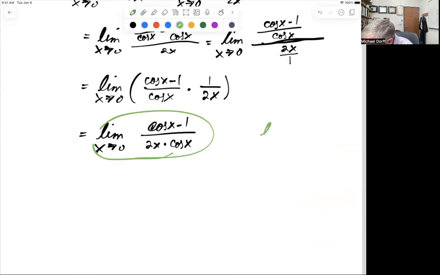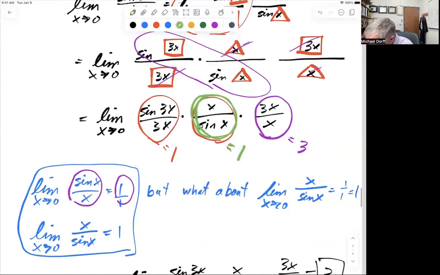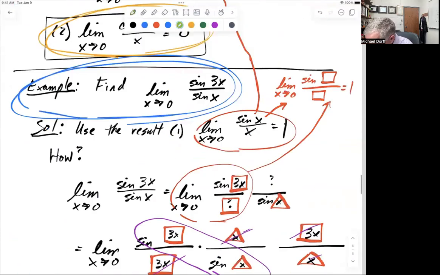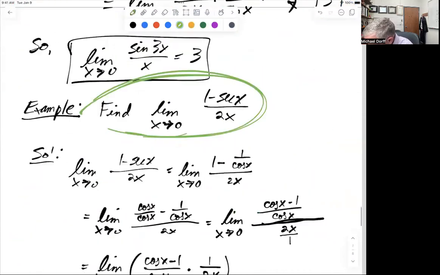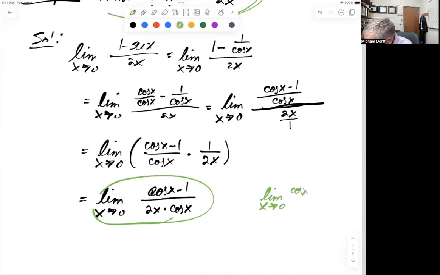Remember, the cosine one was the limit as x goes to 0 of cosine x minus 1 over x equals 0. So there are some similarities. We've got a cosine x minus 1. I need an x there. Well, I have an x here.